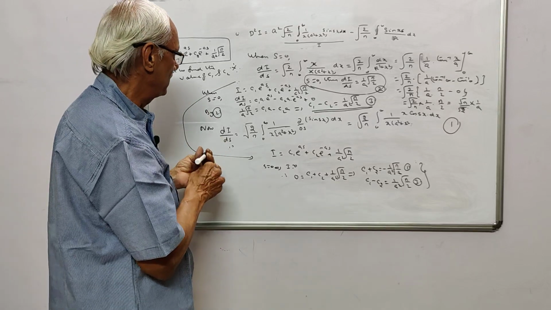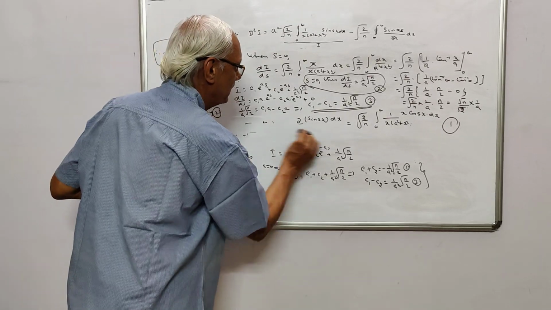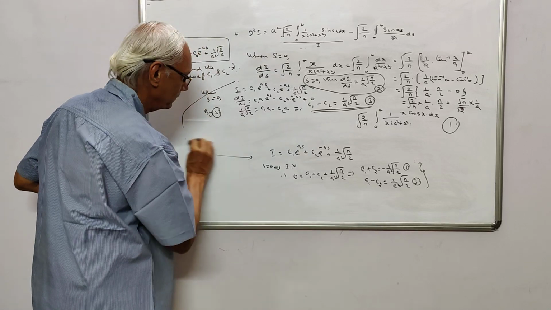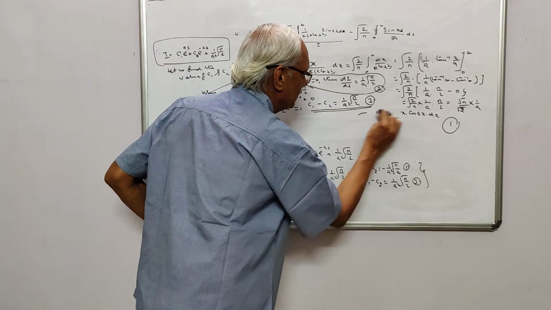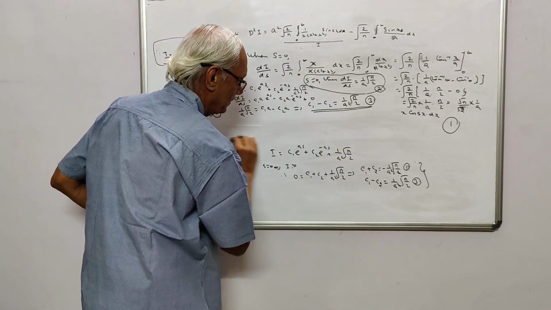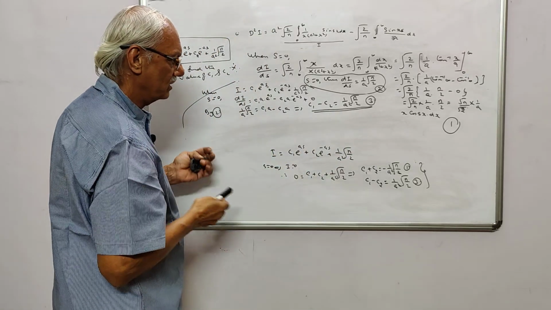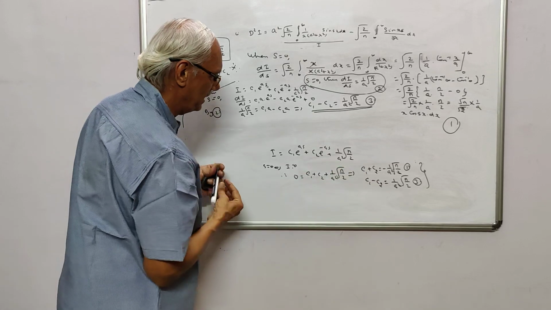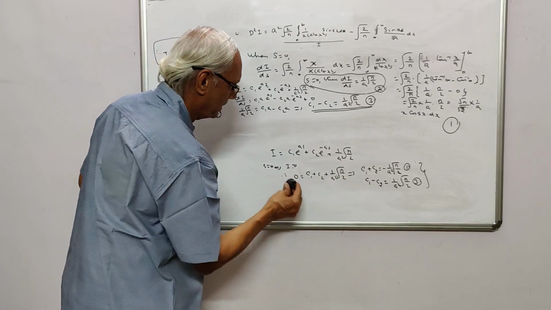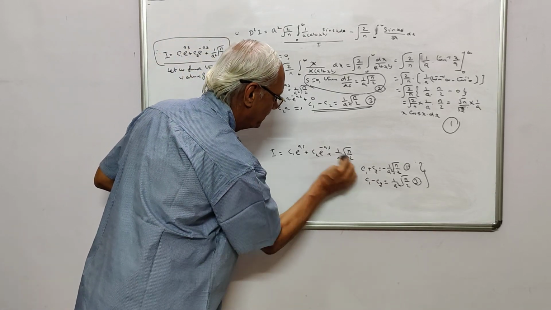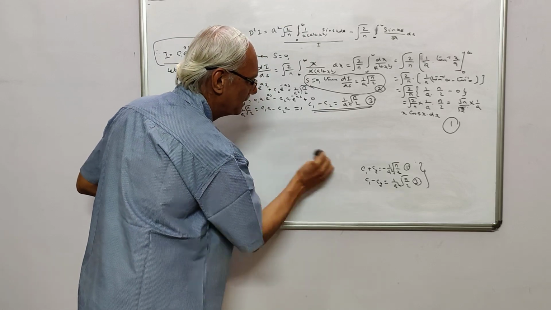Now let me start doing this. So you have got this c1 plus c2. Even I can just rub off this so that I have space here. So let me solve this.